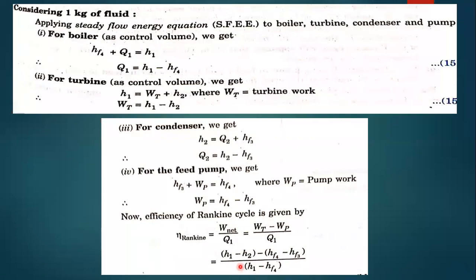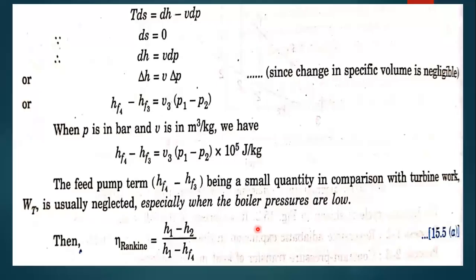So it is going to be H1 minus H2 divided by H1 minus HF4, right? At the same time, we are going to take water as an incompressible fluid. Since water is an incompressible fluid, if there is any increase in pressure, there will be only small changes in specific volume and density.